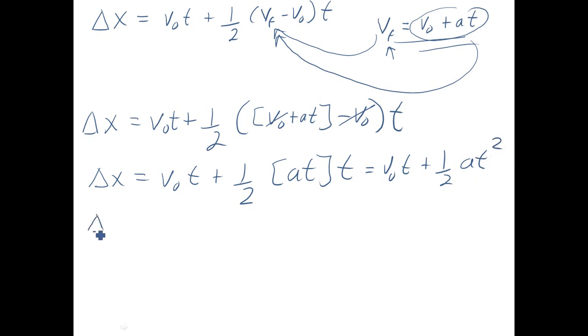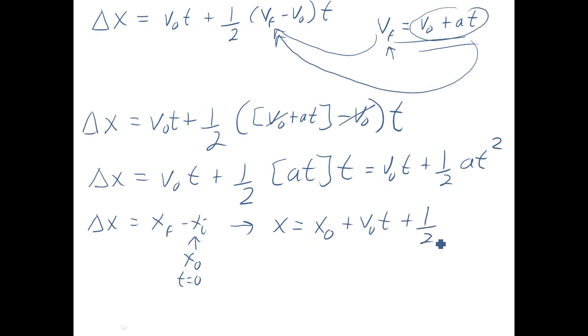And since delta x is equal to x final minus x initial, you can write that as x0, which is the position at t equals 0. We can then say that x is equal to x naught plus v naught t plus 1/2 at squared.